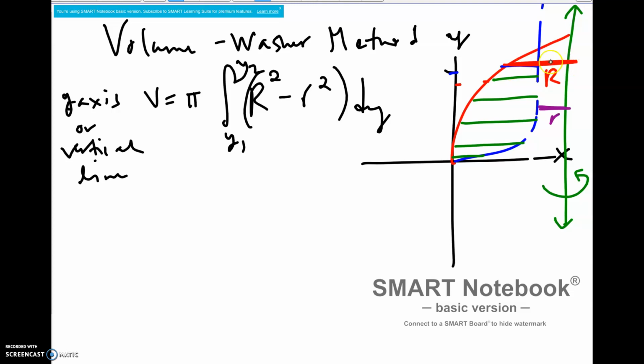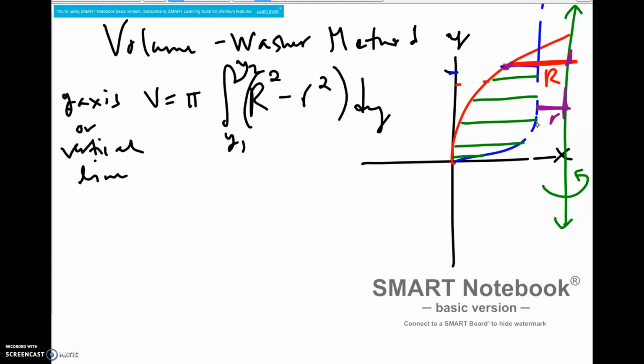If I want this horizontal distance for big R, it's going to be right minus left, where I'm subtracting this axis of rotation equation with my red function. And then for little r, my inner radius, I do right minus left: my vertical line equation, this green line, minus the equation for this blue function right here.